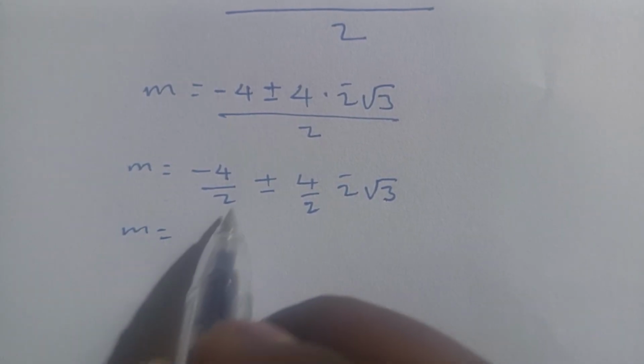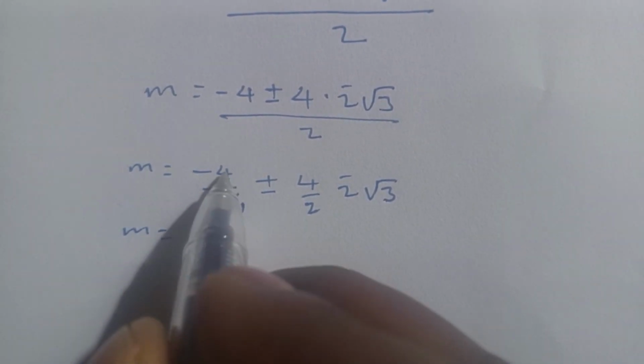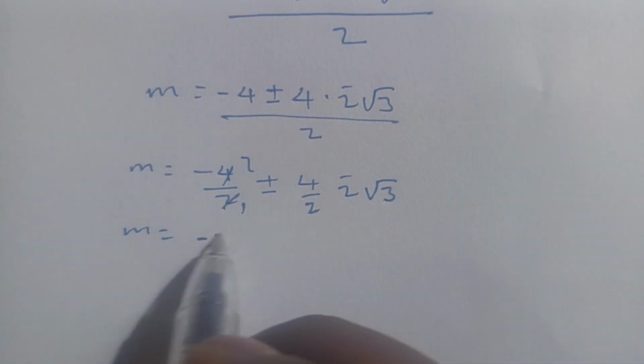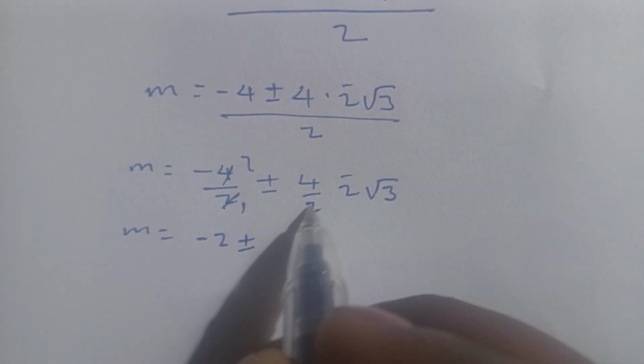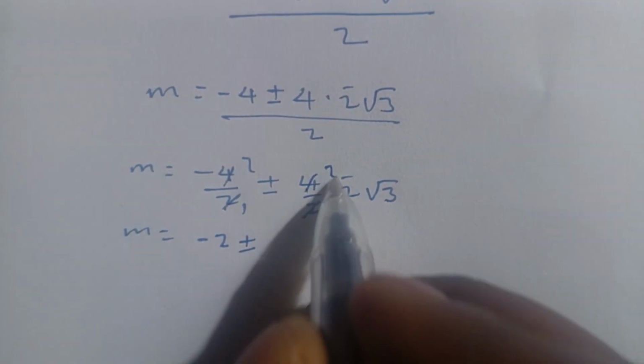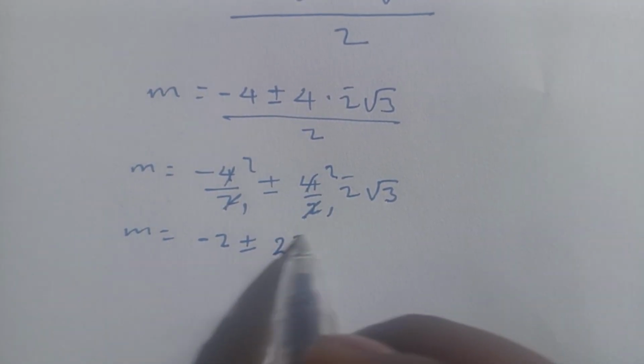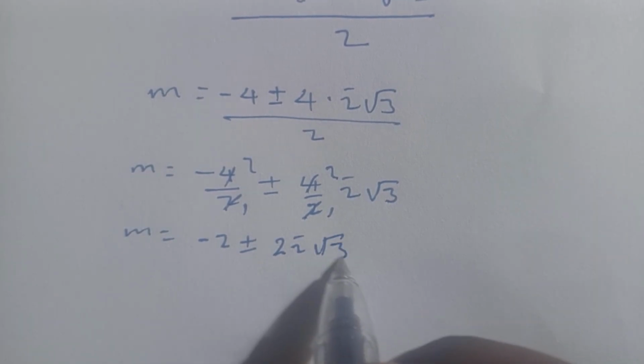M equals minus 2 plus or minus 2i root 3.